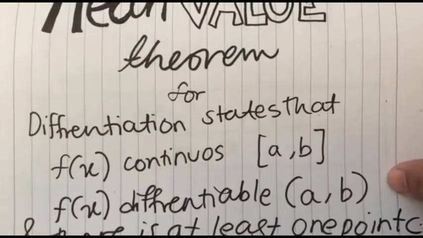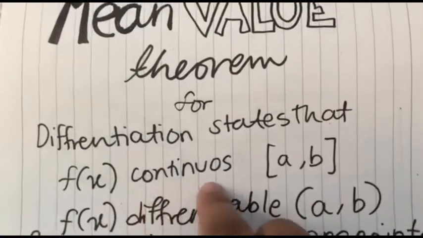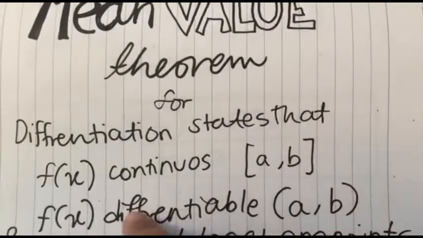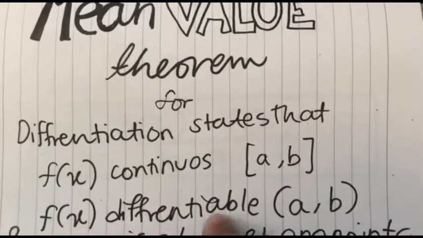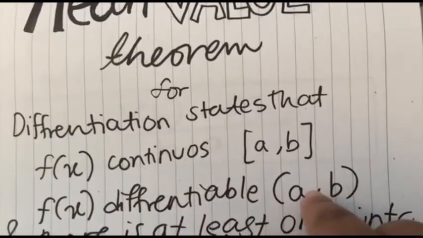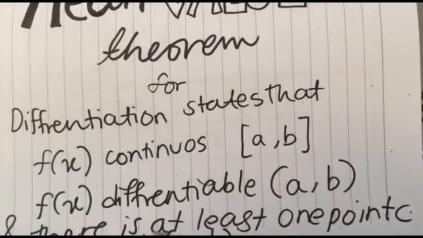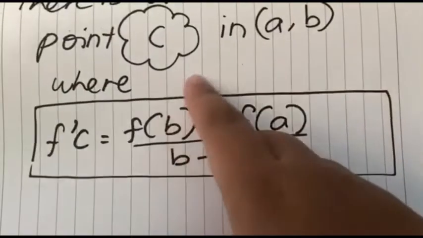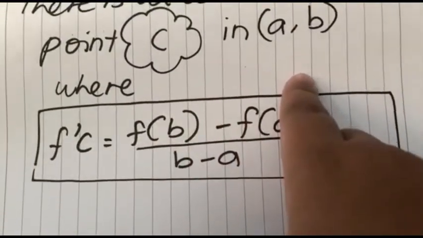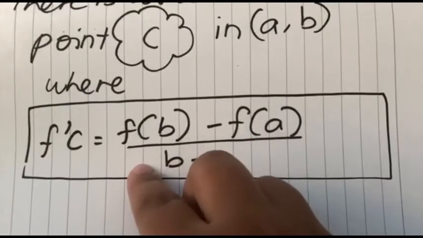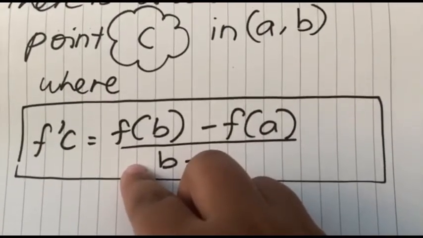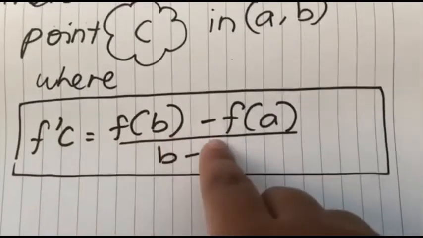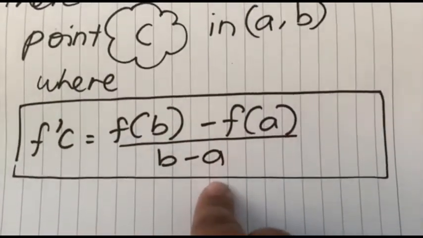The mean value theorem for differentiation states that if f(x) is continuous on the closed interval of a to b and f(x) is differentiable on the open interval of a to b, then there is at least one point c in (a, b) that creates a formula we can use to solve the function, which is f'(c) = (f(b) − f(a)) / (b − a).